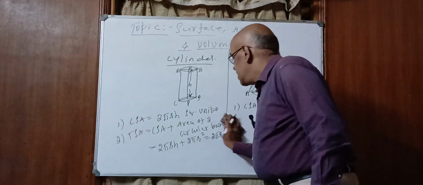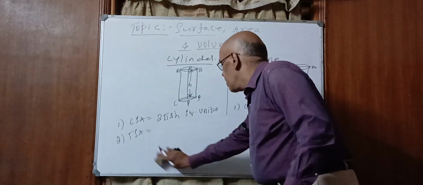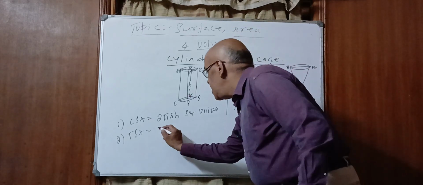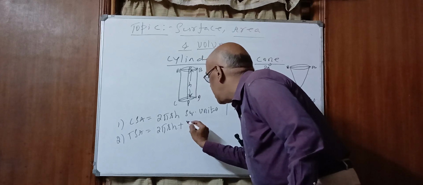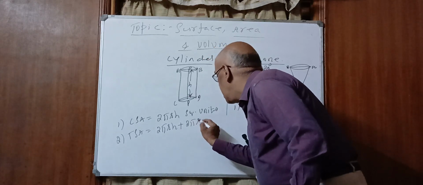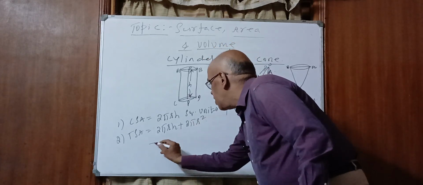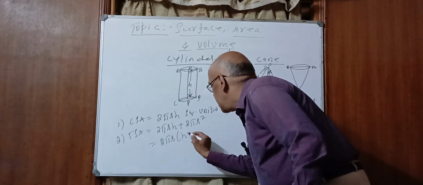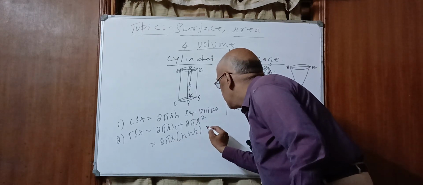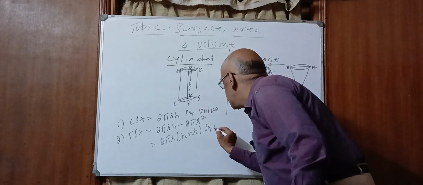I will erase this and write it here only. What is the CSA of the cylinder? 2 pi r h plus 2 pi r square. What is common? 2 pi r common. Here h will remain, r. Square units.